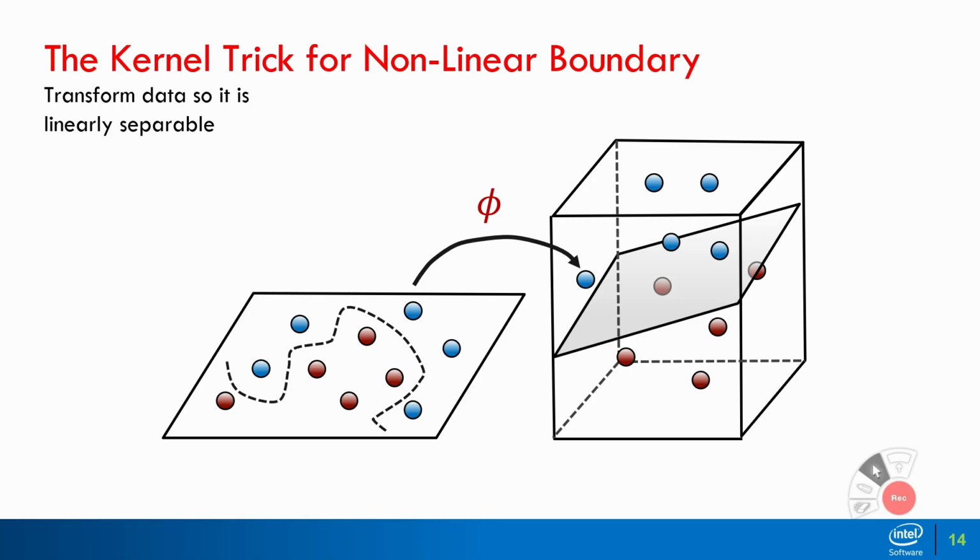Now let's dive into a kernel version of SVMs that solves nonlinear decision boundaries, as shown in the left figure. With the so-called kernel trick, the phi function, we can map the complicated nonlinear curve into separable cases in three-dimensional space.